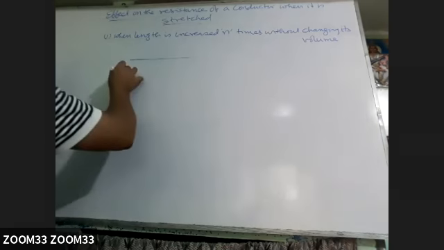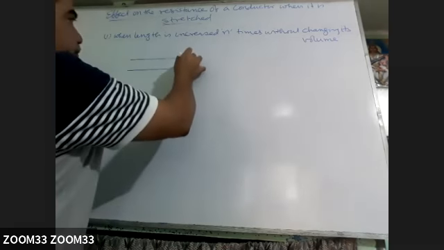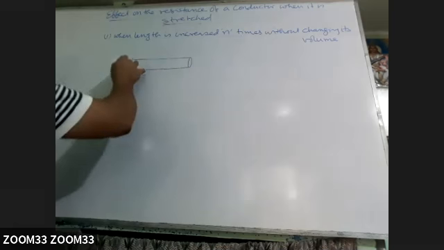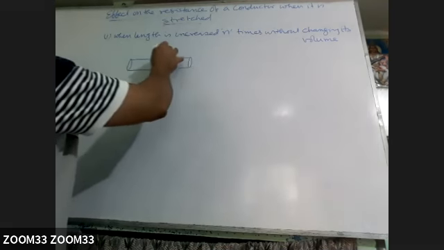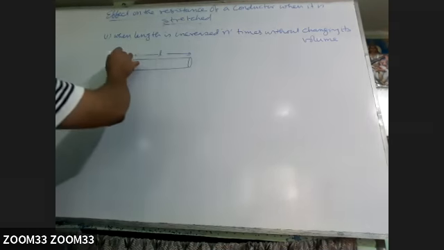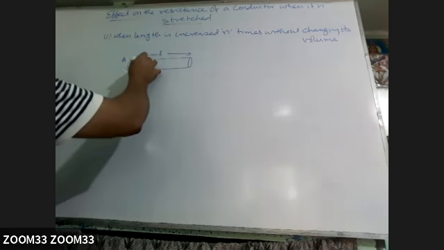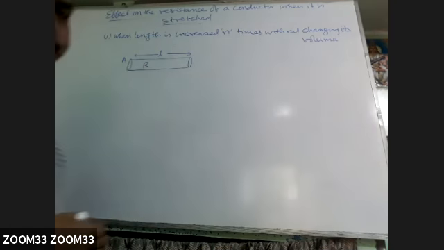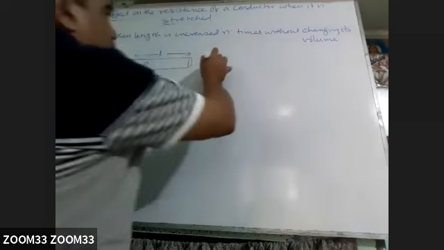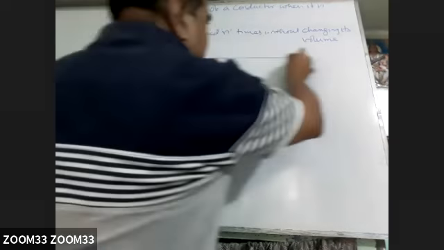Suppose this is a wire, its length is L, area of cross section is A, its resistance is R. Now this wire is stretched.